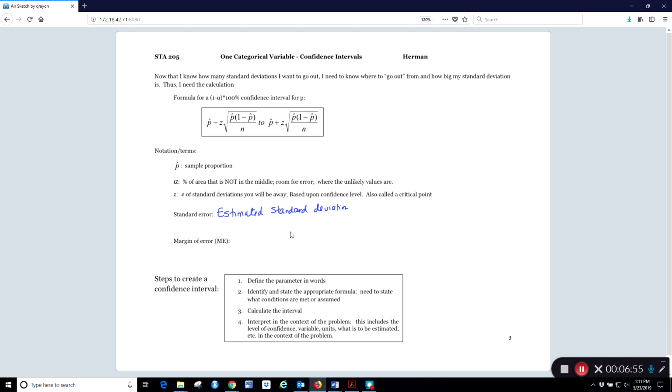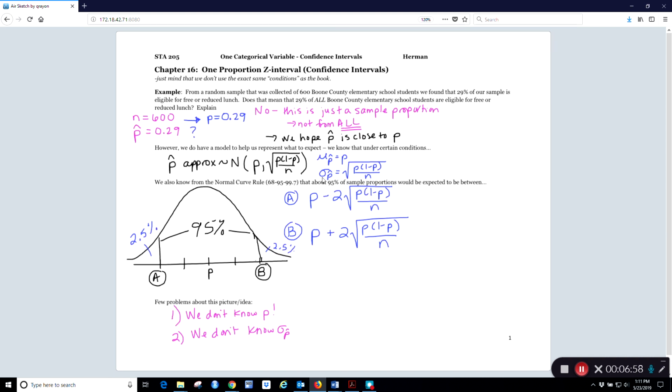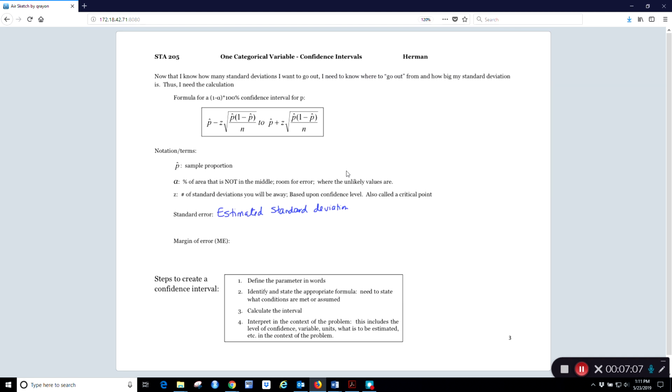Well, technically, remember, our standard deviation of p hat is the square root of p times 1 minus p over n. However, if I look at my formula that I'm using now, that's not quite what I have. Instead, I have this hat on my p. So as soon as I've done that, it's now an estimated standard deviation because I replaced p with p hat. So here in our example, that would be this square root of p hat times 1 minus p hat over n.